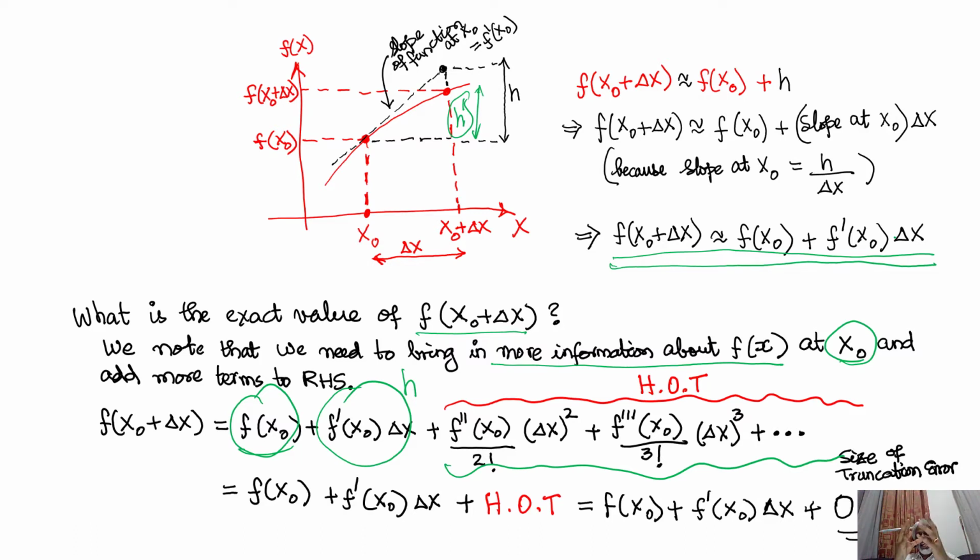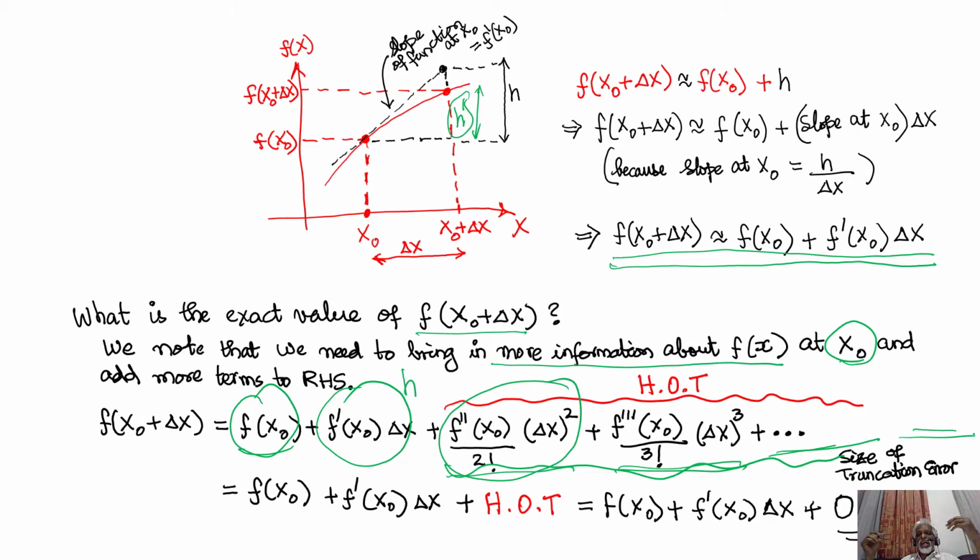So if it is a light curvature, then maybe adding this quadratic term in the Taylor series expansion is enough. But if the curvature is strong and significant, we may have to include cubic terms, fourth power terms, fifth power terms, etc., onto the right hand side. So these terms, from the second order term to the third order term to the fourth order term, all the way down this infinite series, are called higher order terms.